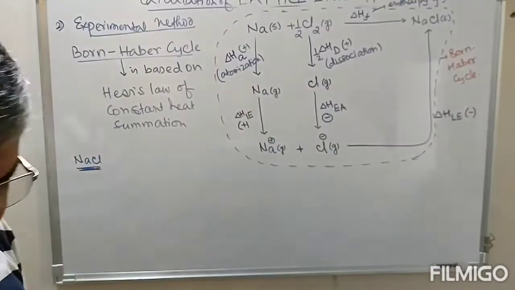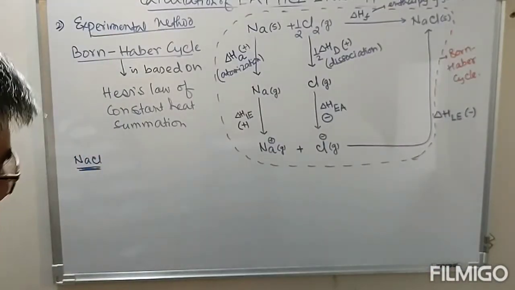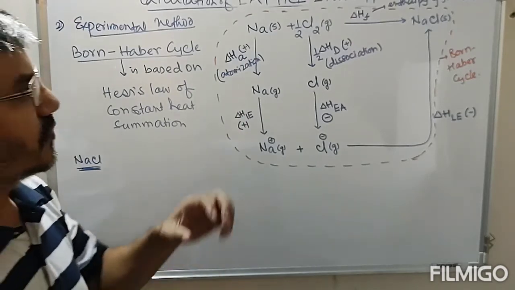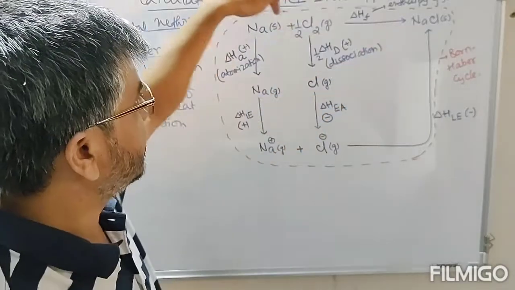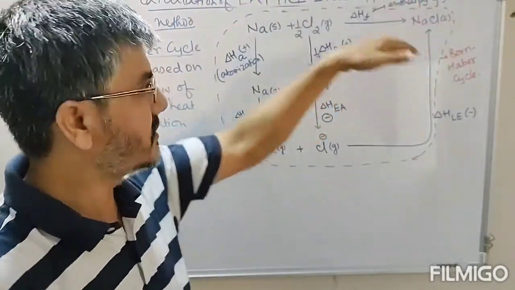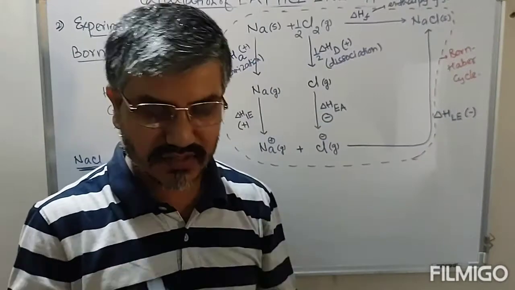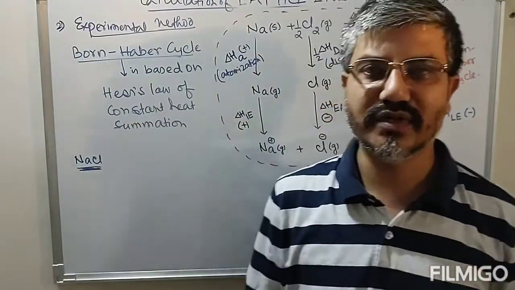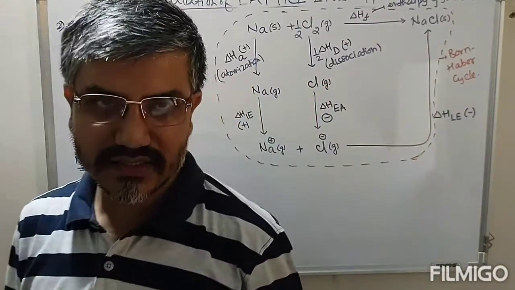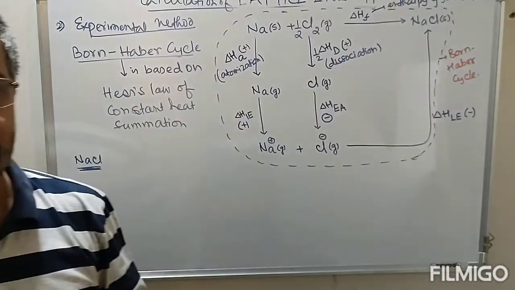According to Hess law, for the same process, that is the formation of NaCl, there is a direct single-step process and a multiple-step process. For the same process, whether it is taken in a single step or in multiple steps, the energy change will always be constant.